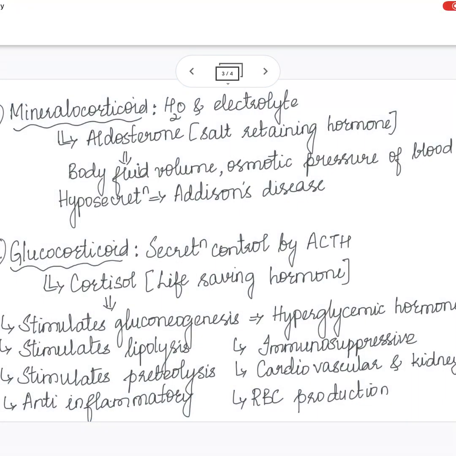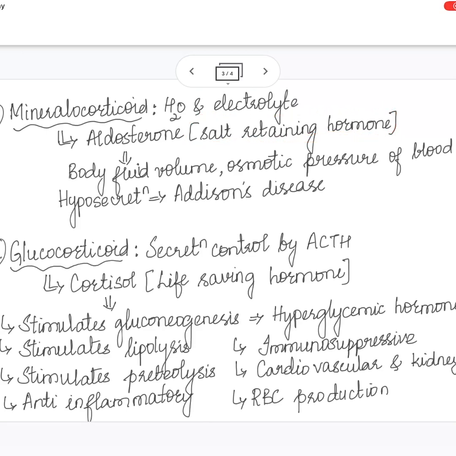Then one by one in detail, let us understand where these hormones are secreted, starting from the first one, that is mineralocorticoid. This mineralocorticoid is from zona glomerulosa. This looks after the maintenance of water and electrolytic balance. Mainly mineralocorticoid secretes a hormone called aldosterone. That means it is also considered a salt retaining hormone. Why so?